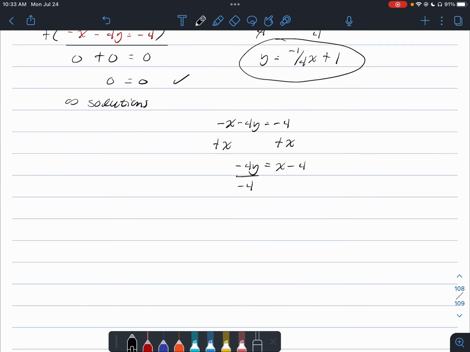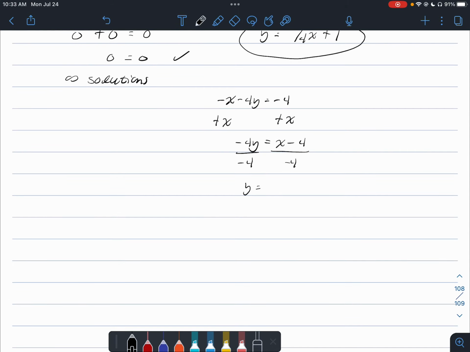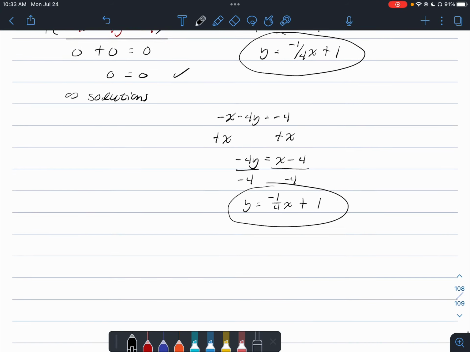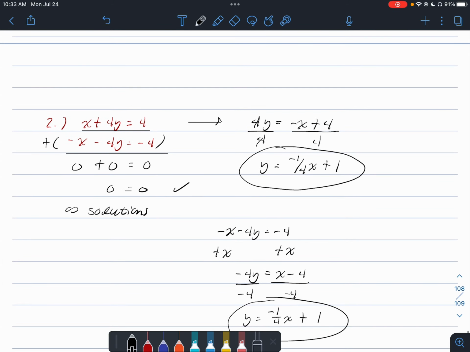Dividing both sides by negative 4, we end up with y equals negative 1/4 x plus negative 4 over 4, which is just 1. So there we go. We get the exact same equation back. So we're actually looking at the same equation here, and therefore we have a consistent dependent system of linear equations.